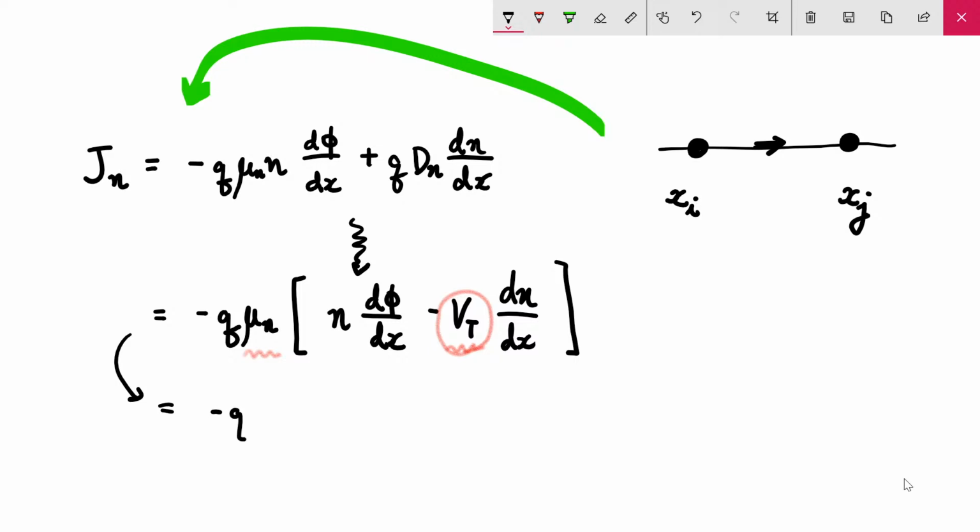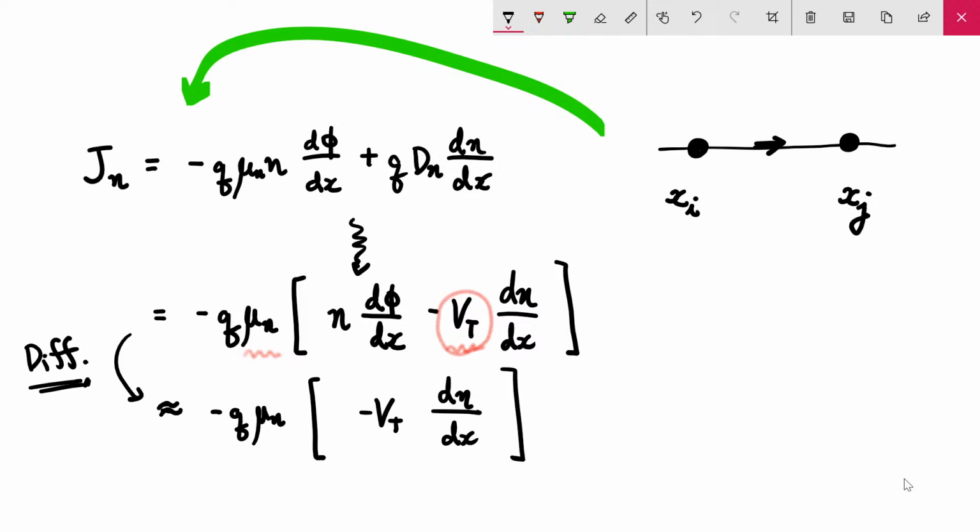So I just wanted to ask you, consider the extreme case where we have almost no drift term. If we have a diffusion dominant form of our expression, then what will happen? Of course, it can be approximated as minus Vt and dn over dx.